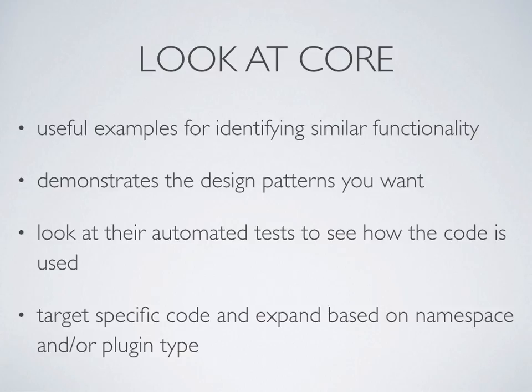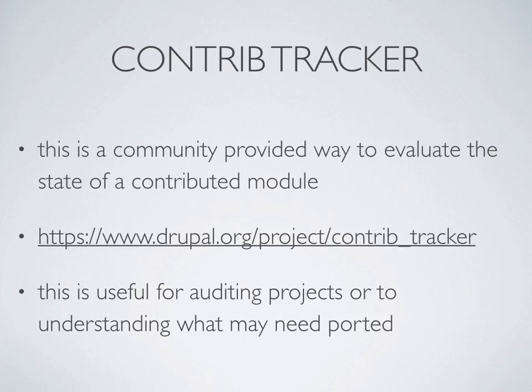You may want to ask, what module provides this type of functionality? Then you find the module and you can do a code review of that specific module itself. It can be tough when you're just starting out to get your bearings, but core is definitely a place to go at this point in time.